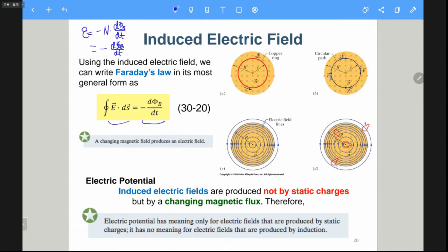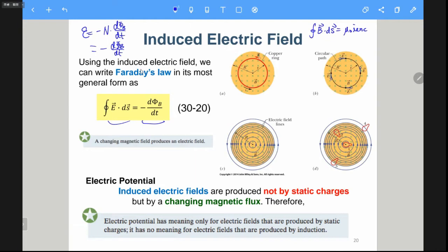In chapter 29, if you still remember Ampere's law, it is a closed integration of B dot ds equals mu naught I enclosed.